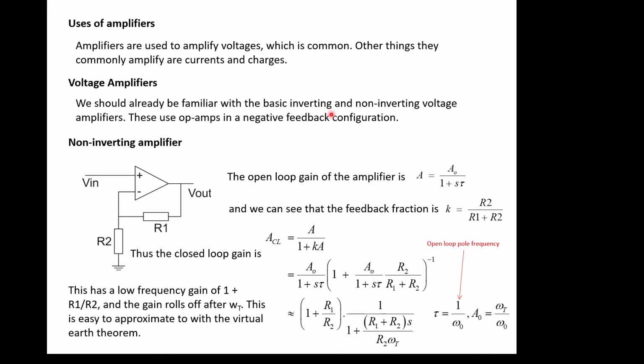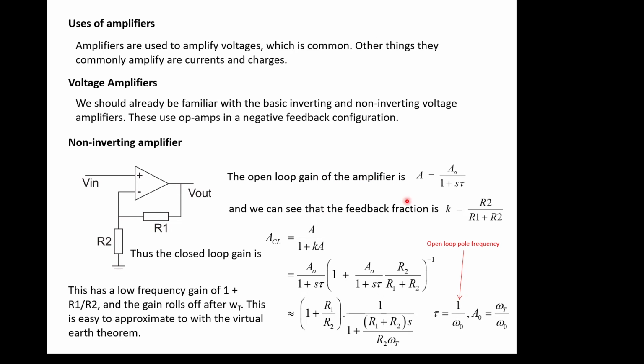So we should be familiar with voltage amplifiers. We've got inverting amplifiers and non-inverting amplifiers, used in negative feedback configurations, and we've done a fair amount on negative feedback now. So just for completeness, the non-inverting amplifier looks like this. We've got input coming in. The interesting thing here is the input impedance is very, very high, almost infinite if you've got a good amplifier, and the gain is set by the relationship between these two resistors here.